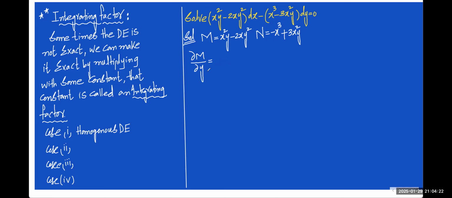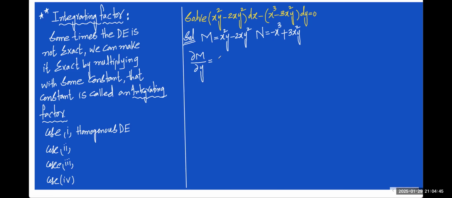Now can you tell me, with respect to y? If you tell me the answer, then only I can move. With respect to y, what happened to this overall term? Sir, minus 2. With respect to y, zero.